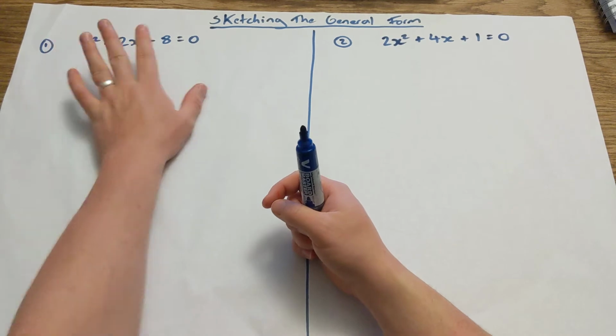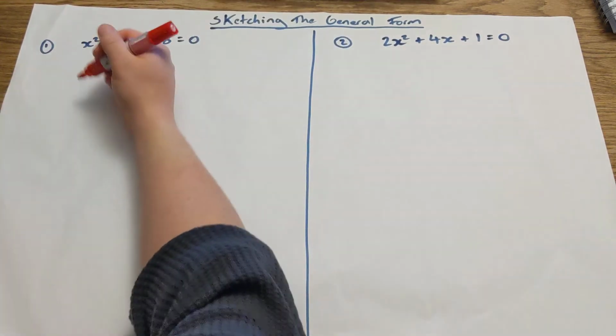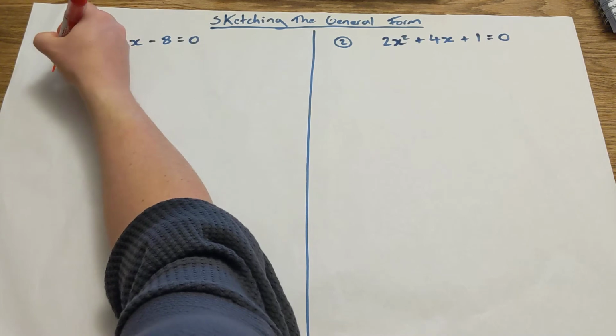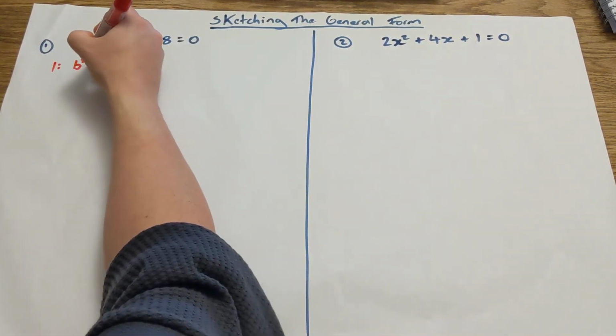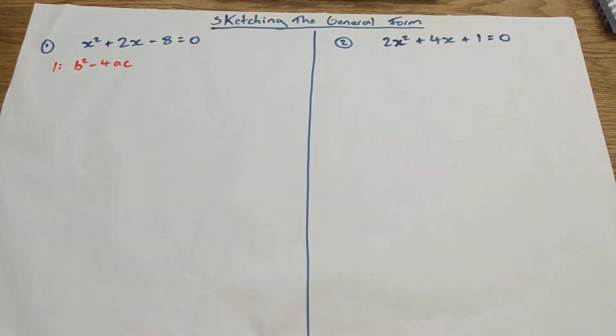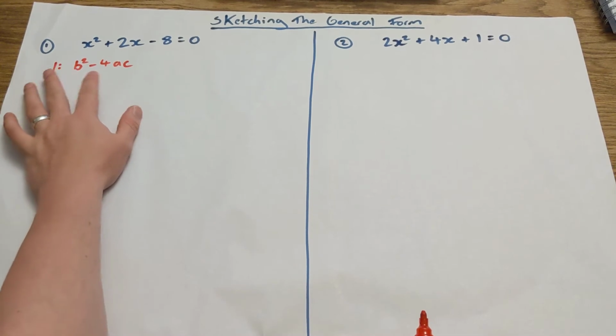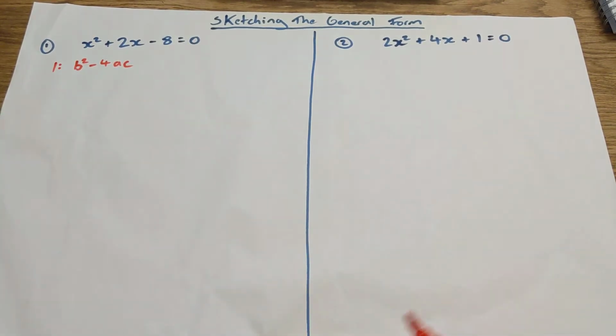But when we have it in the general form like this, there's something we should always do first, and that's to do with the discriminant. Our first step should always be to work out what your b squared minus 4ac is, because remember, in the last video I said this can tell you a lot about the nature of the roots, whether there are any roots, whether they're the same root, or two different roots.